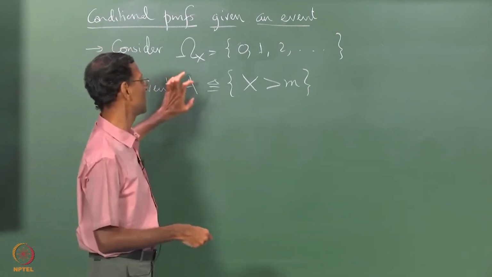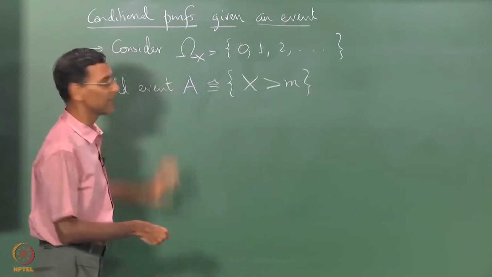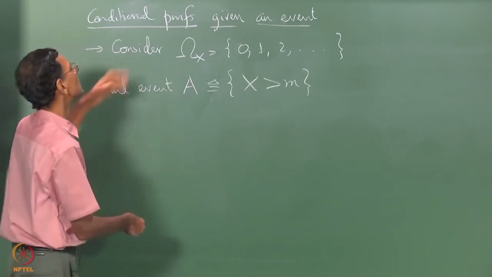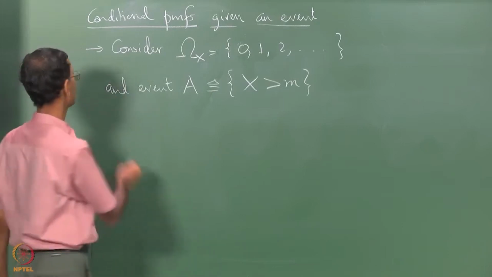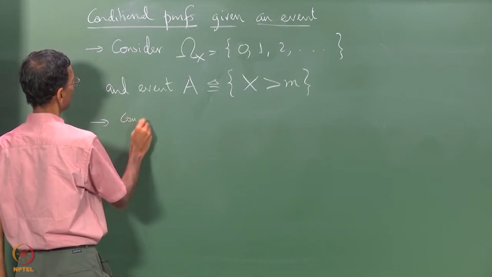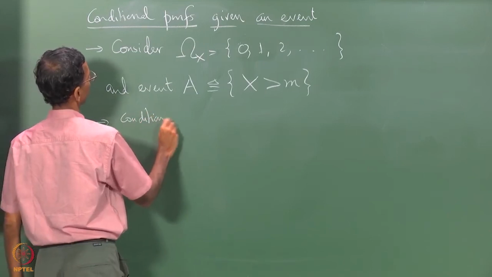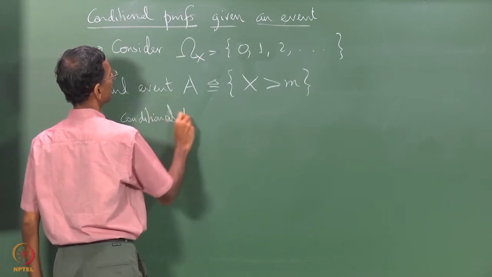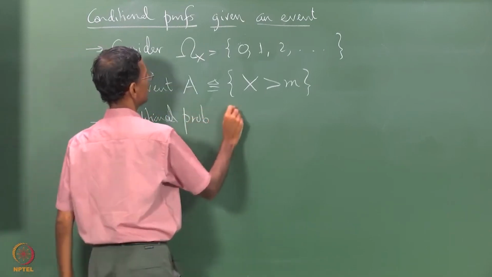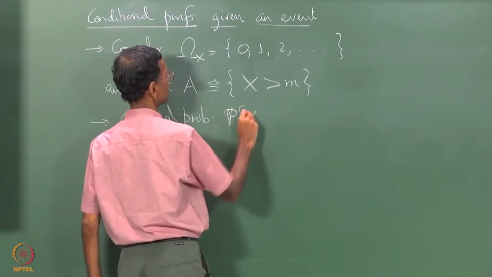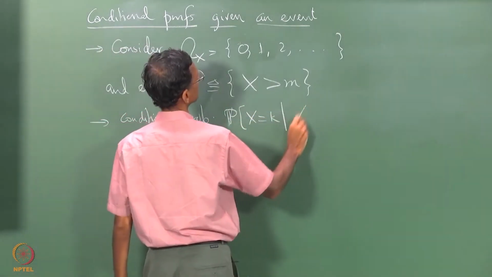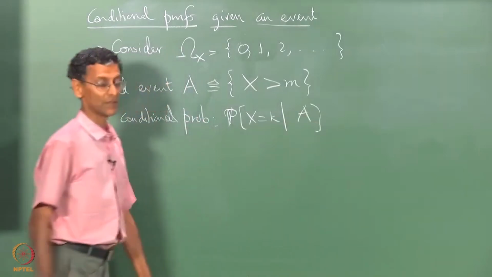So, with the information that A has occurred, how does the PMF of x change? So we have the conditional PMF. Let me write the conditional probability P of, let us say, x equal to k given A. This is what we want.